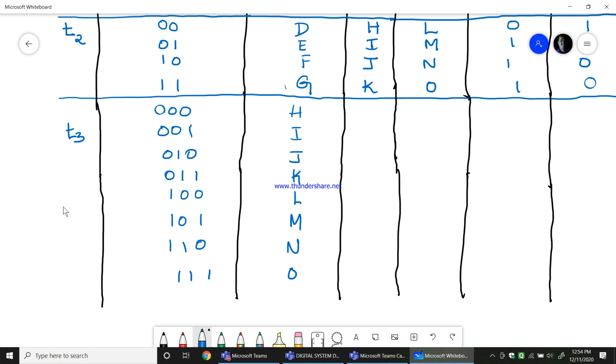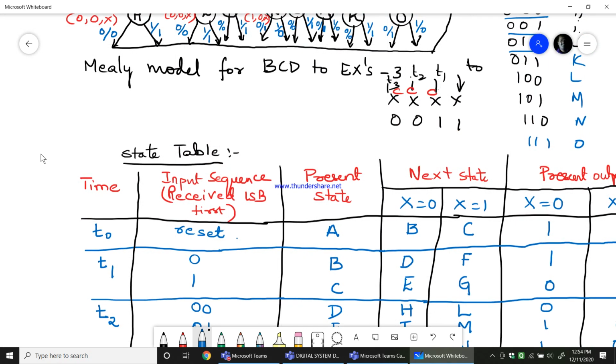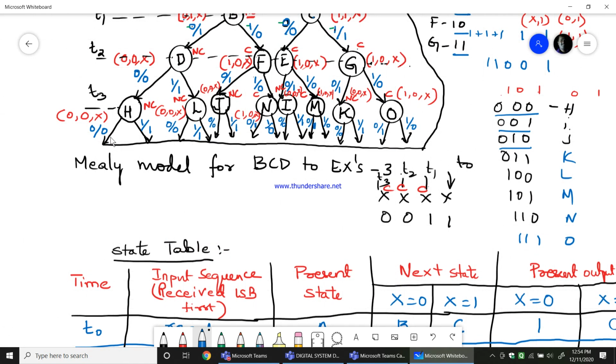Okay, now for the next state, when we write at x equals 0, H is going to which state? Whenever we have 0 here, each state is going back to A. Only in these two conditions we saw there was no carry.